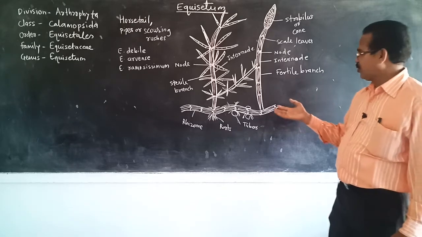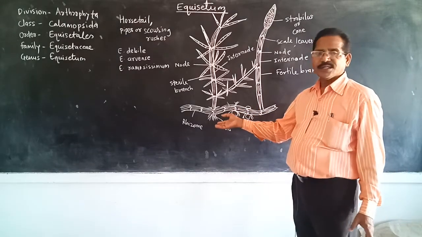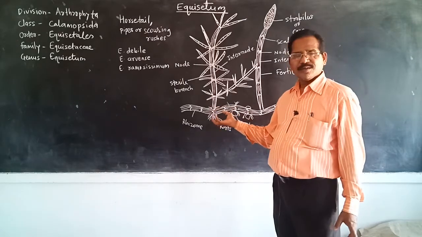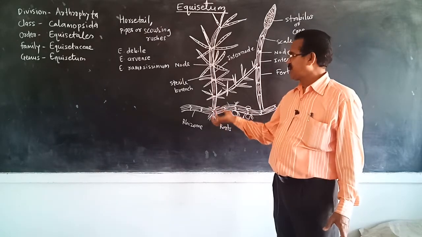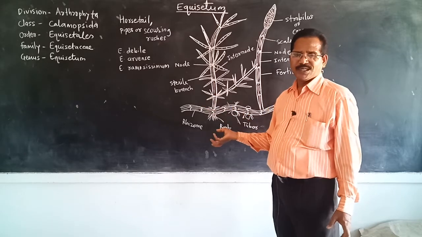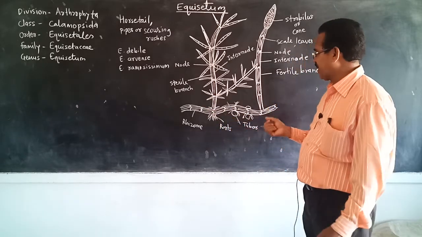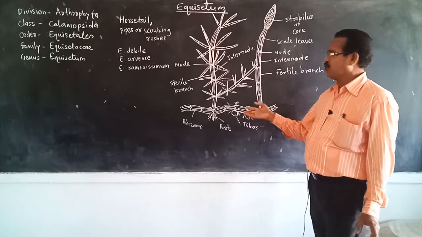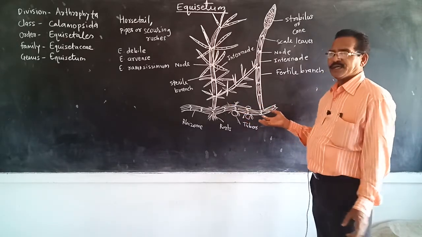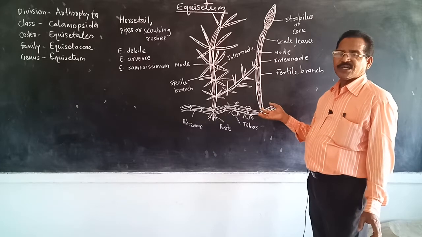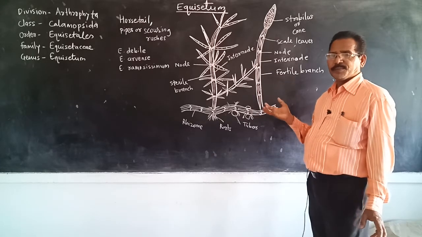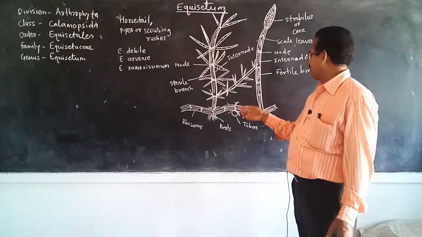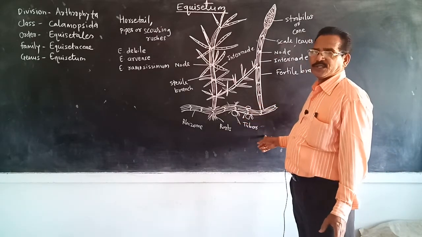And from the nodal region also arise the branched roots, which fix the plant to the substratum and also absorb water and minerals. Some of the branches which grow from the nodal region of the rhizome do not develop further and remain small, which later form tubers.